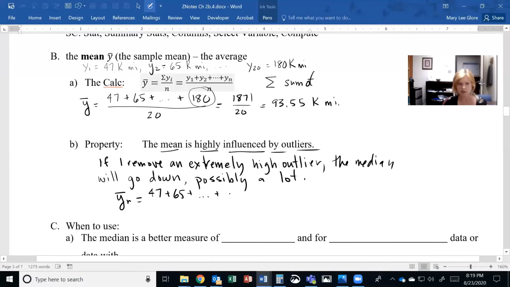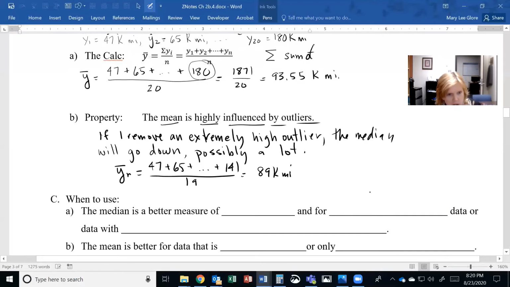The second to last value was 141,000 miles, and I divide by 19. This is actually equal to 89,000 miles, so it dropped about 5,000 miles. So we don't want to use the mean for extremely skewed data.